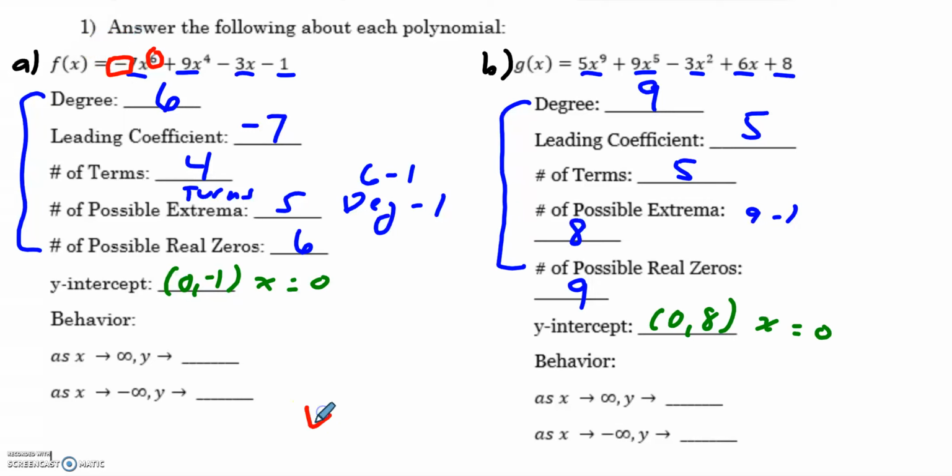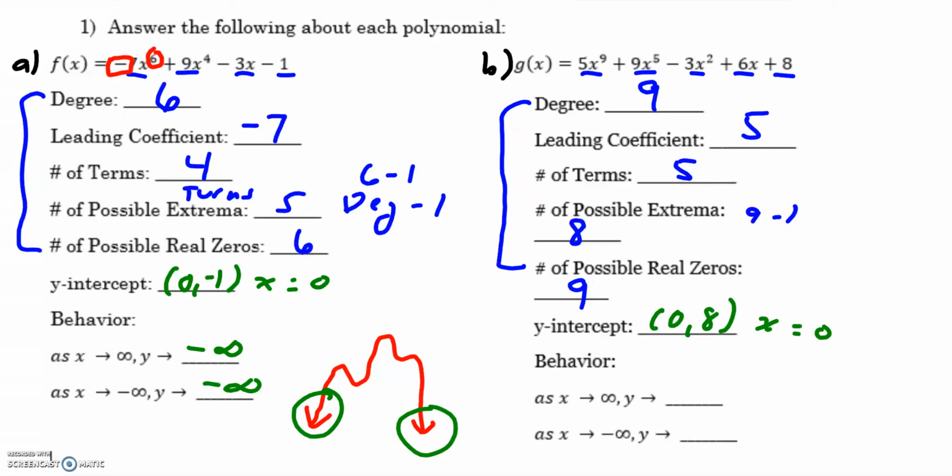If I drew a quick sketch, it's not going to be exactly like a parabola, probably have more bumps within it. But my graph would probably look something like this, where the end behavior is facing downwards in both cases. So as x goes to infinity towards the right, my y values go towards -infinity. And as I go to the left, my y values also go towards -infinity. So the end behavior would be both facing down.